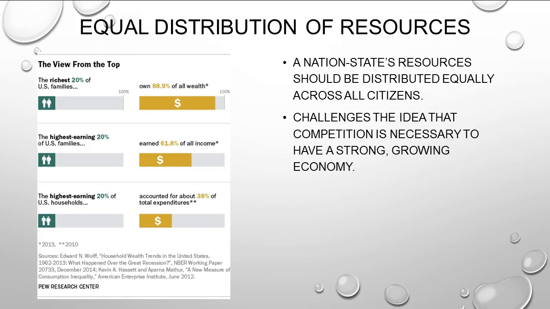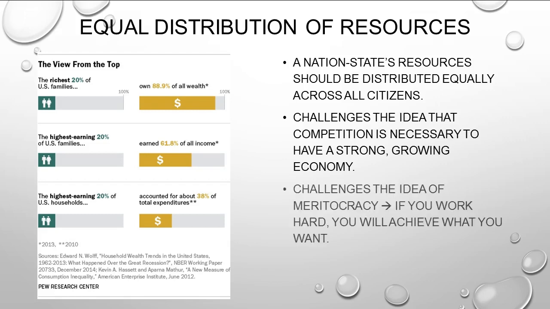And so what a lot of people want is a more equitable distribution of resources. It also challenges this idea of meritocracy, that if you just work hard, you will achieve what you want.